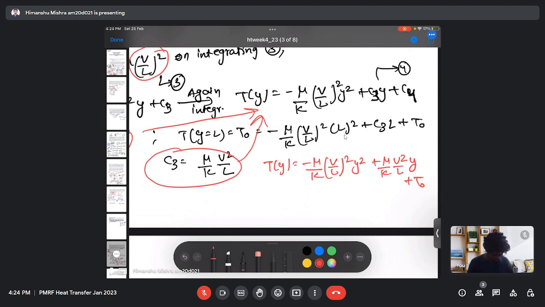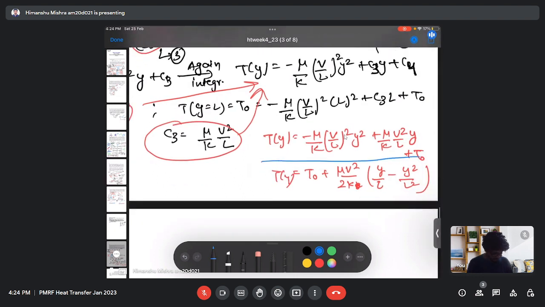So I can simplify this. So this will be my temperature profile.